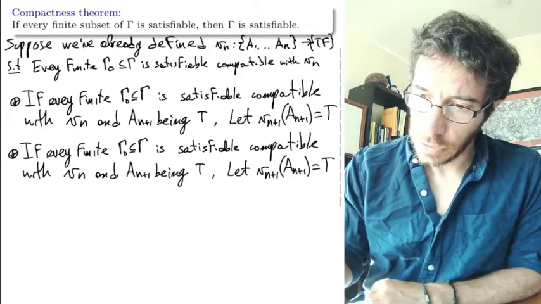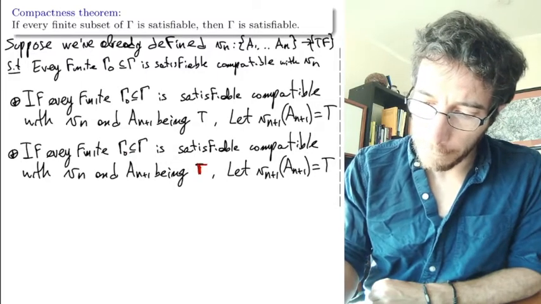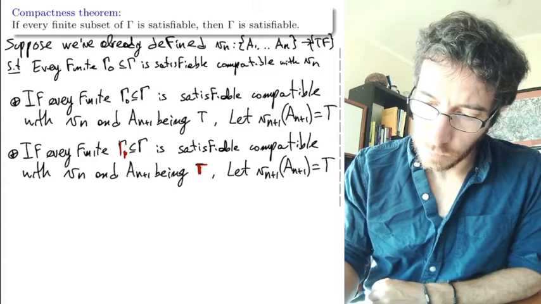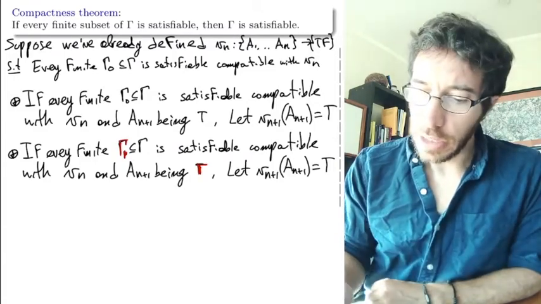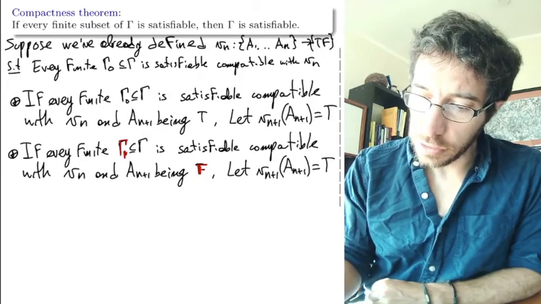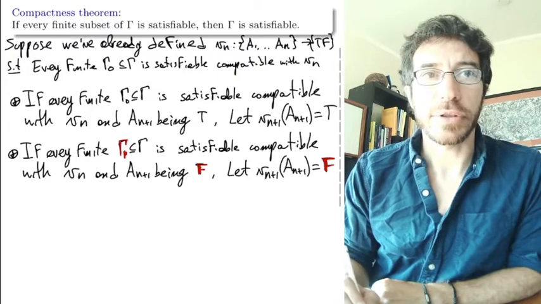And the same thing if every finite subset, let's call it gamma 1, of gamma is satisfiable, compatible with Vn and An plus 1 being false, then we're going to let An plus 1 be false.